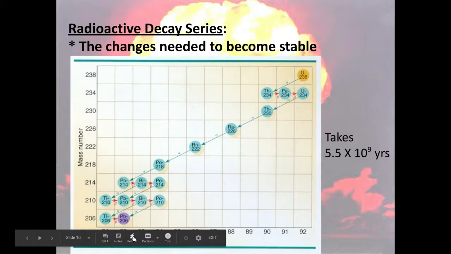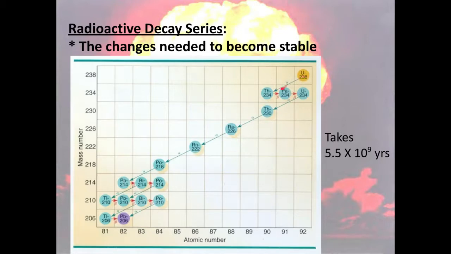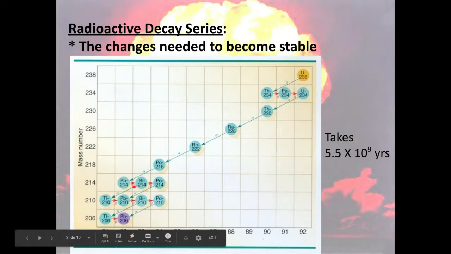So a decay series is, it's not just that in a half-life it goes to one and done. In the decay of uranium-238, which takes 5.5 times 10 to the 9th years, uranium-238 will decay to Th-234, to Pa-234, to uranium-234, to Th-230, to Ra-226, to Rn-222, to Po-218, to Pb-214, to Bi-214, to Po-214, to Pb-210, or it could go to Ti-210.